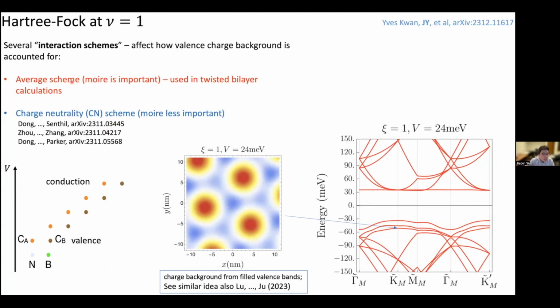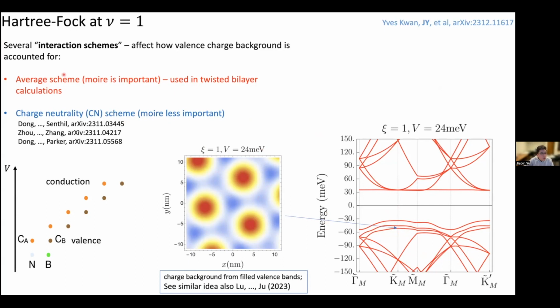So in the average scheme, the Moiré effect is quite important, even for conduction band, because the charge background from the valence band is included. But for the charge neutrality scheme, the charge background from the valence band is neglected, so the Moiré effect is very small.